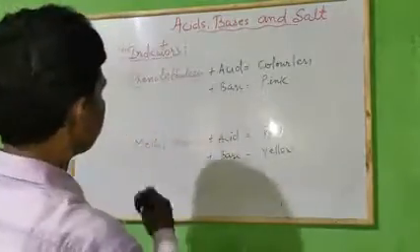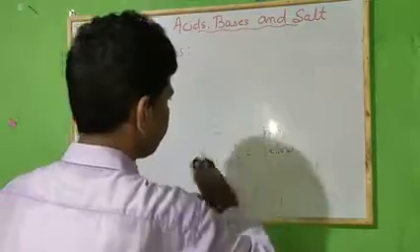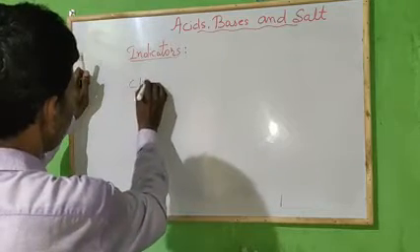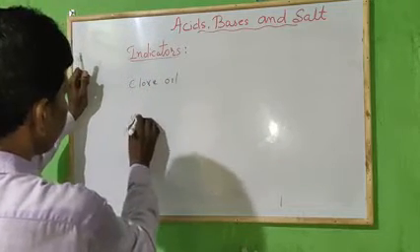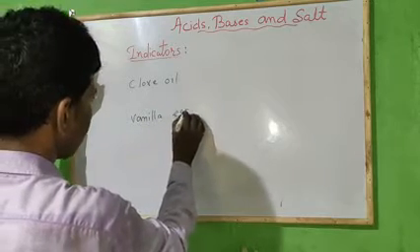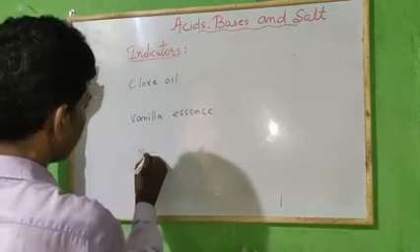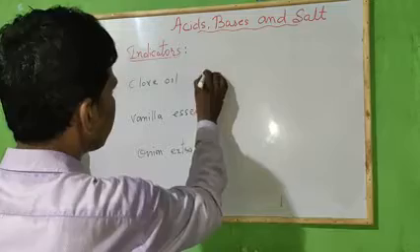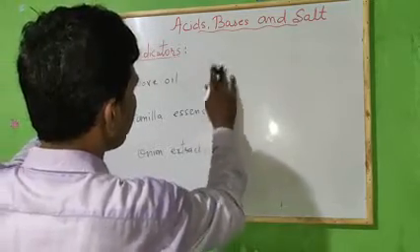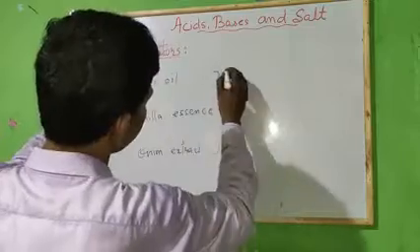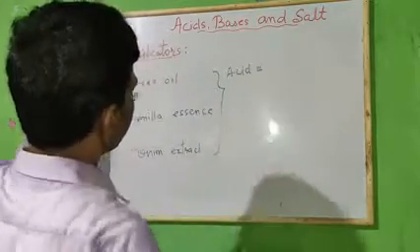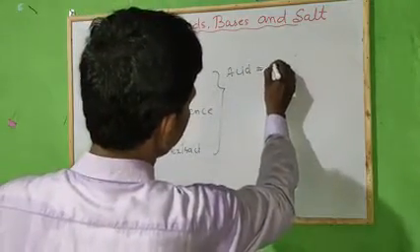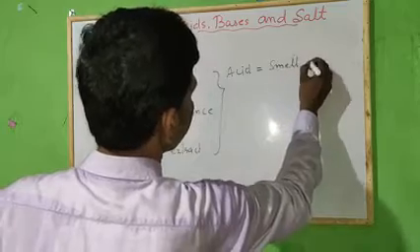Now come to olfactory indicators. In olfactory indicators we have three, which I have already explained: clove oil, vanilla essence or extract, and the most important, onion extract, onion juice. When these come in contact with acid, all three, the characteristic odor or smell remains and will not be destroyed. The smell remains as it is.